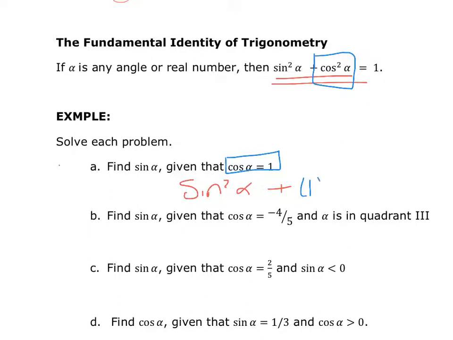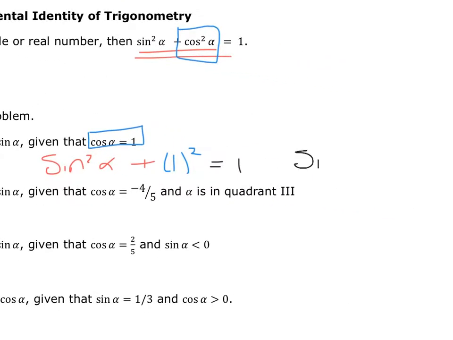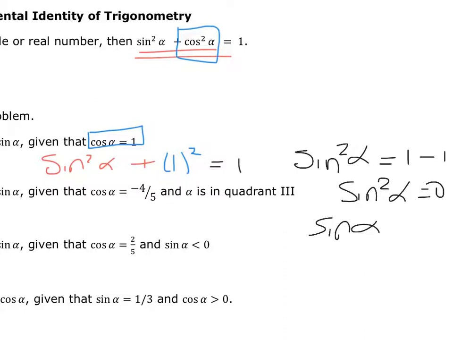So I put in a 1 and square it, which is equal to 1. So the sine squared of alpha is equal to 1 minus 1, which is 0. Taking the square root of both sides, the sine of alpha is just 0.